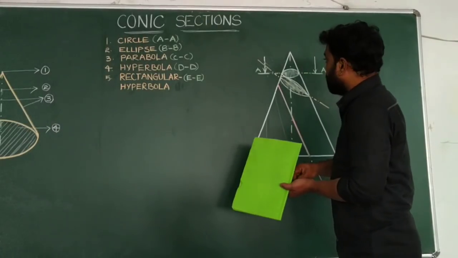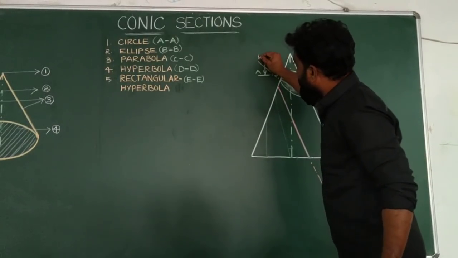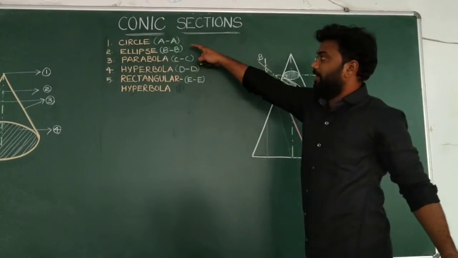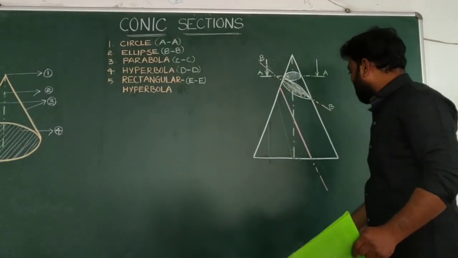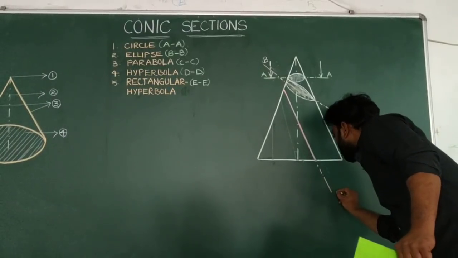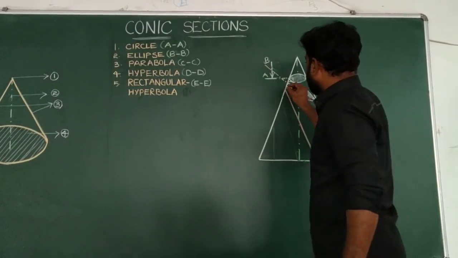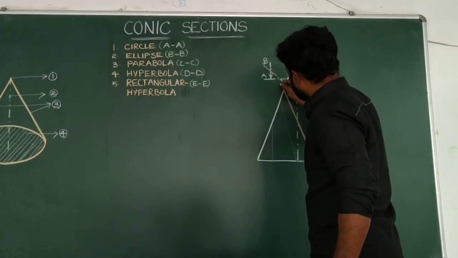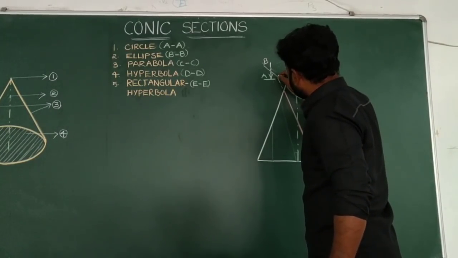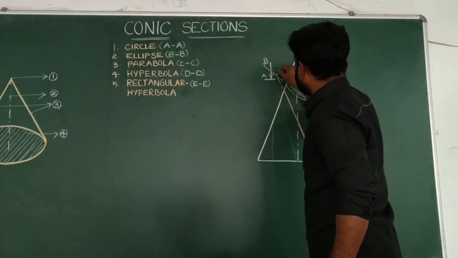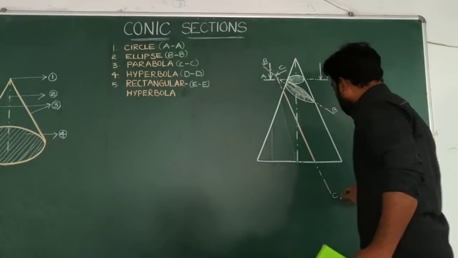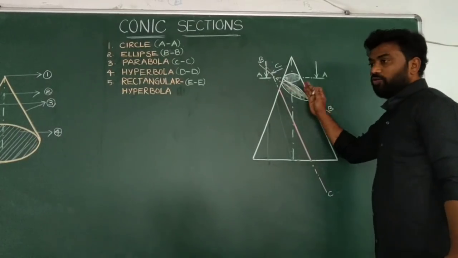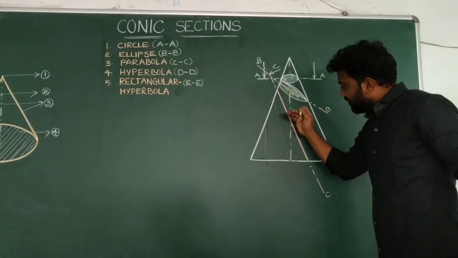Here I forgot, this is B to B, the sectional plane naming of the ellipse. And next I am giving the naming C to C. So here we can cut it this way, C to C. After removing this portion, we will be getting a new surface here.